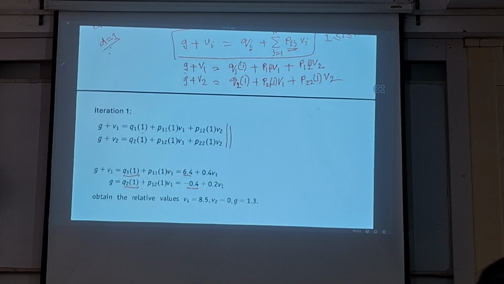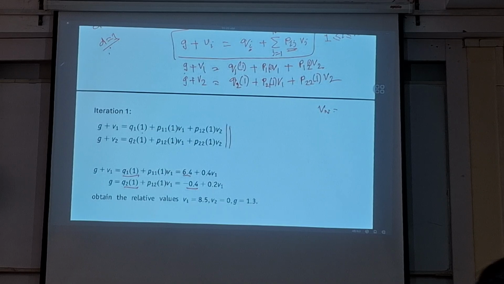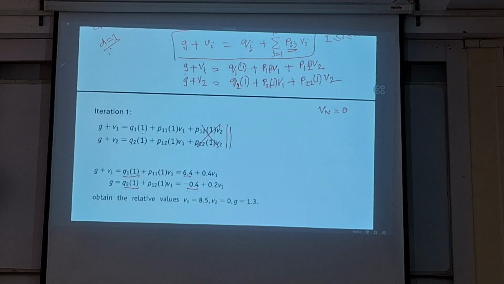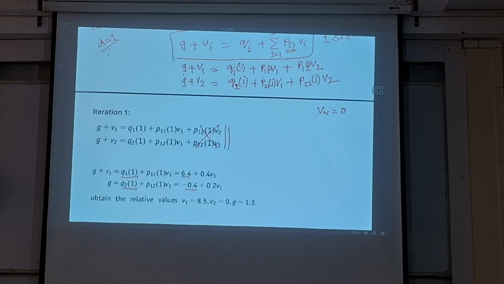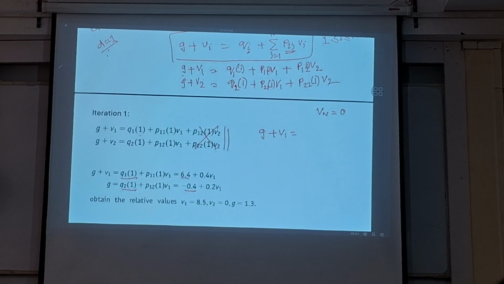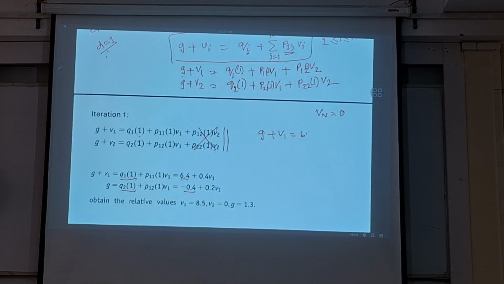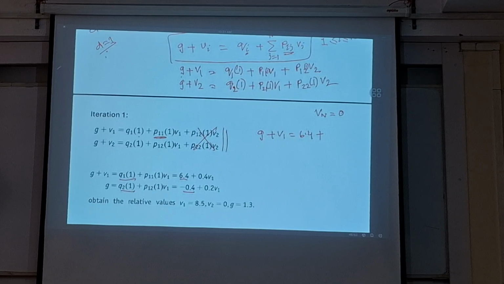Now, as I mentioned, we will always assume in solving the system a equal to 0. So we do not have this part. Since we do not have this part, then the equation becomes g plus d1 equal to d11 is 6.4 plus, what is P11?